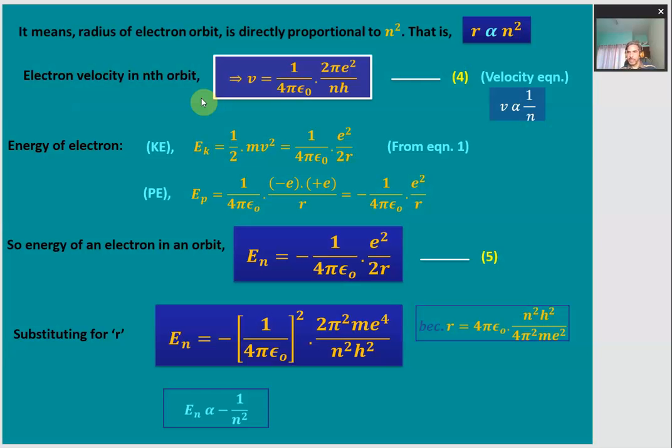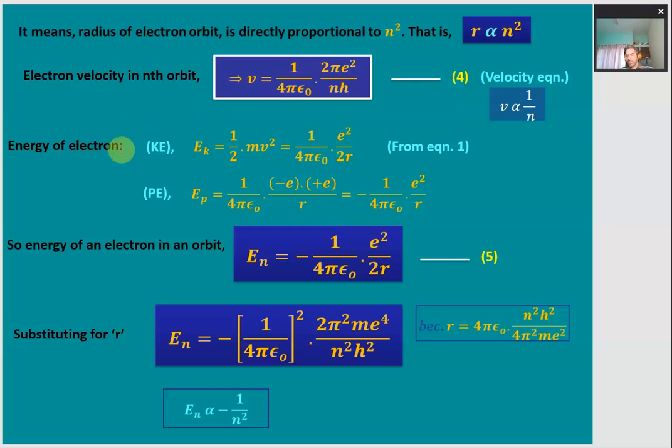That is the target we want to achieve, because by knowing the energy, we can easily explain what energy of radiations is emitted during transitions in the hydrogen atom. That will help us understand the existence of spectral lines in the hydrogen atom.